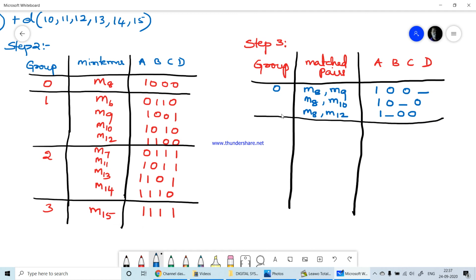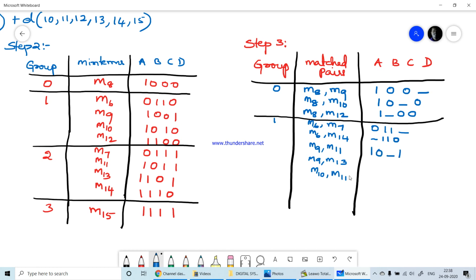Now group 1 will have M6, M7, then M6, M14. M6, M7 will have 0, 1, 1, dash. M6, M14 will have dash, 1, 1, 0. Then in group 1 we have M9 and M11, M9 and M13, then M10 and M11. M9 and M11 will have 1, 0, dash, 1.